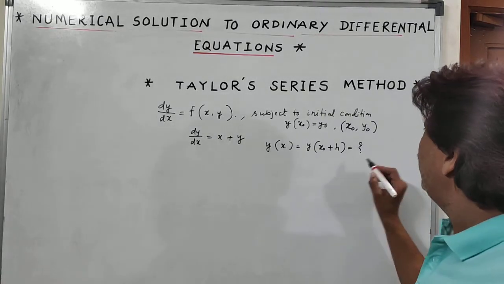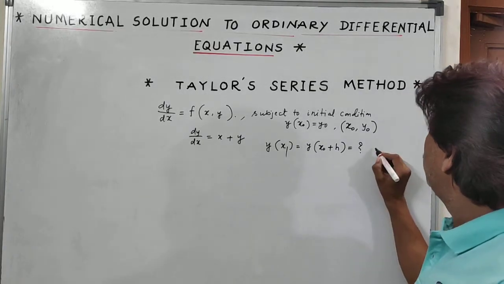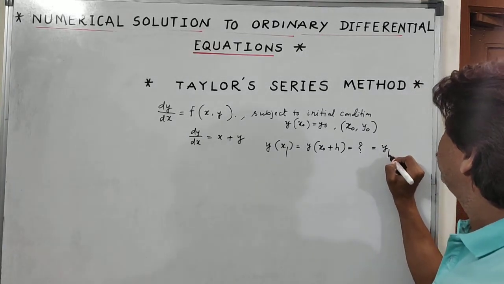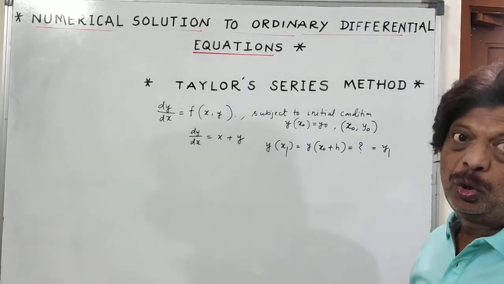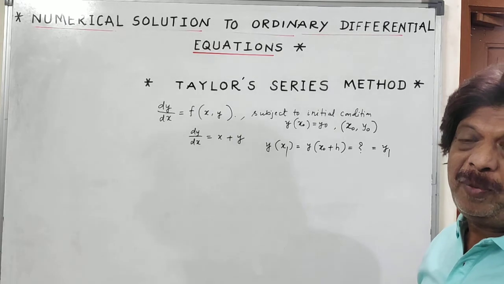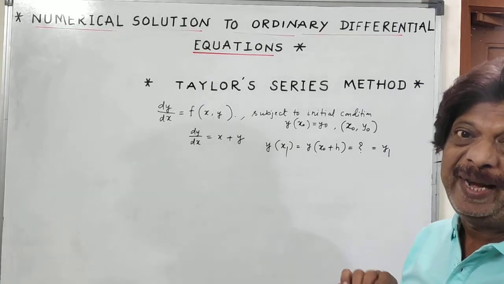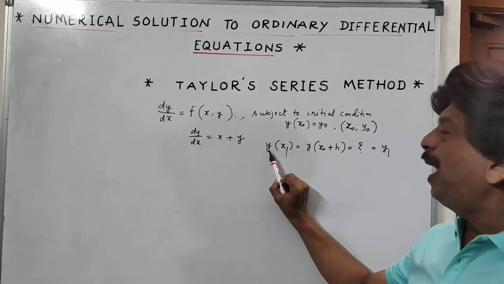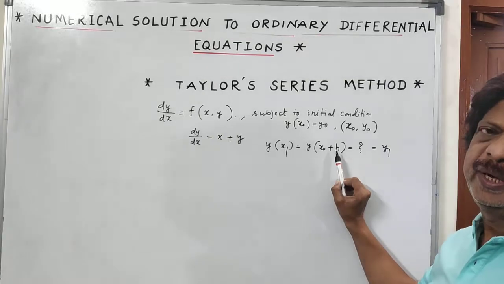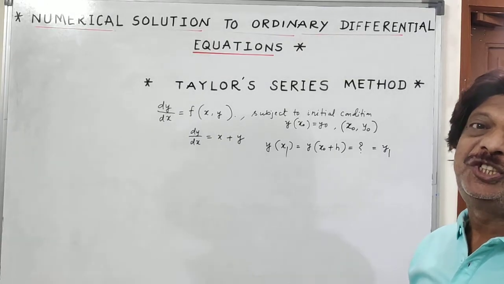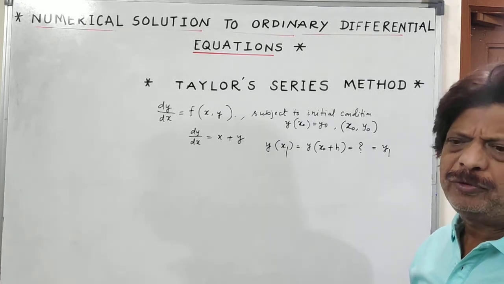So we can say x0 plus h is x1, and this y of x1 is denoted by y1. The problem of finding the value of ordinate y at x equal to x0 plus h is called the initial value problem, a numerical problem, of course.